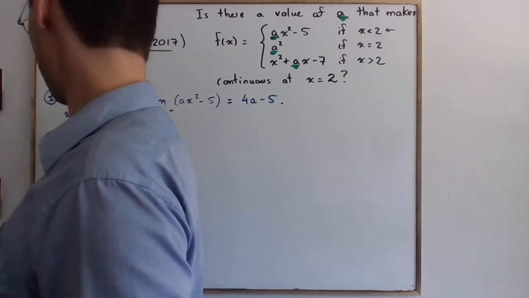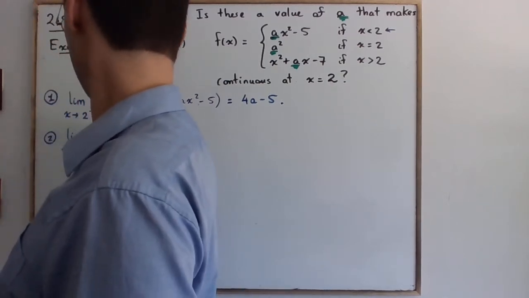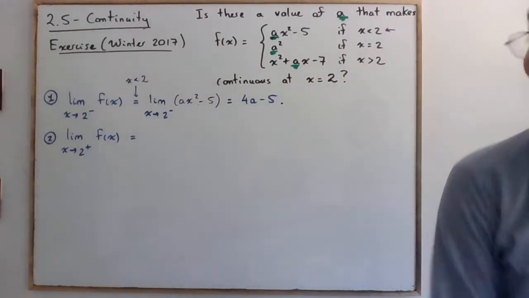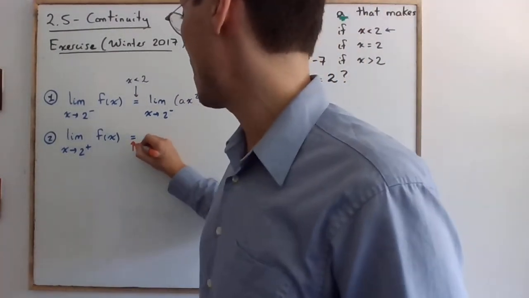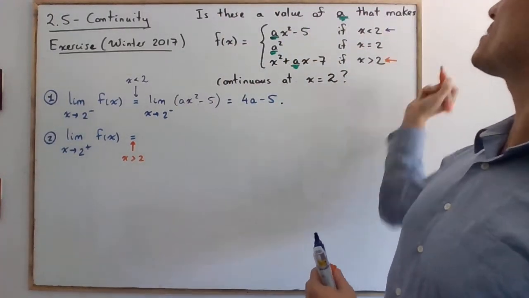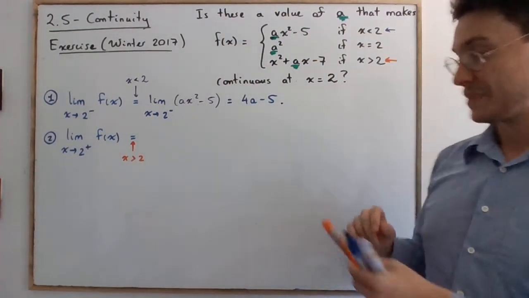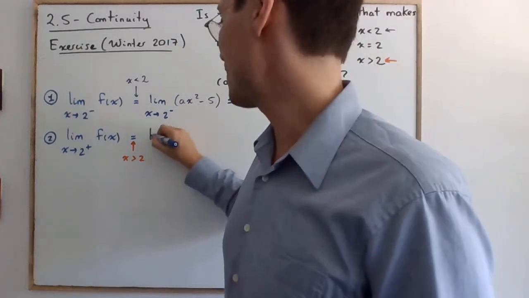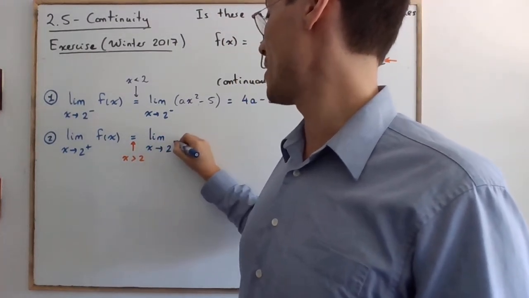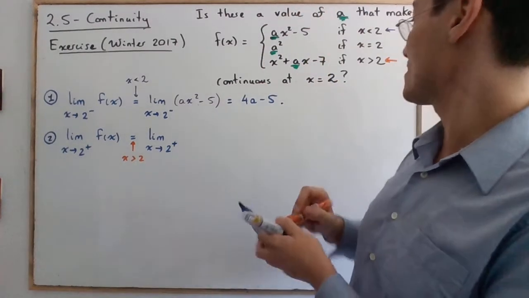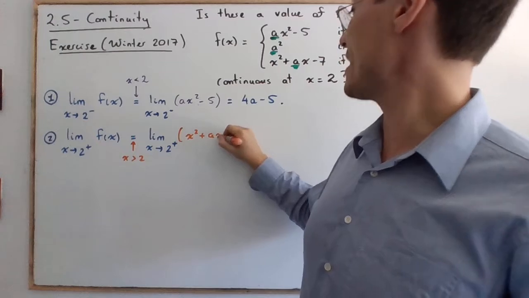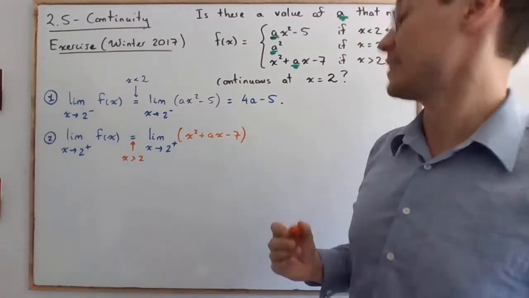As you take the limit from above, you use pretty much the same argument. In this case, x is above 2, which means you have to select this piece over here. So you have the limit as x is approaching 2 from above. And now let's copy paste this: x squared plus ax minus 7.